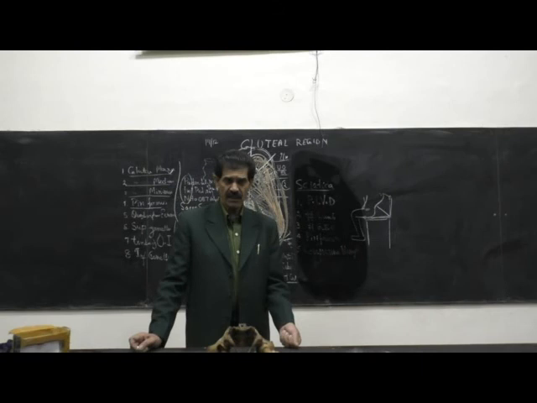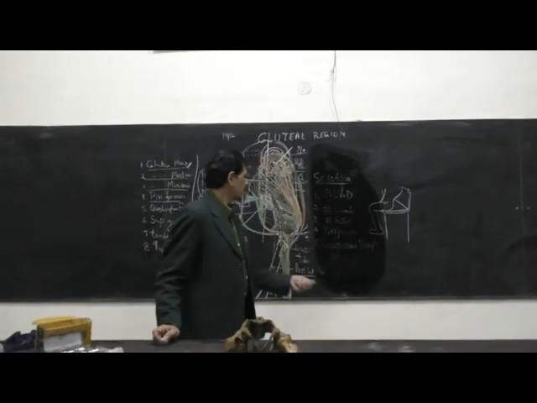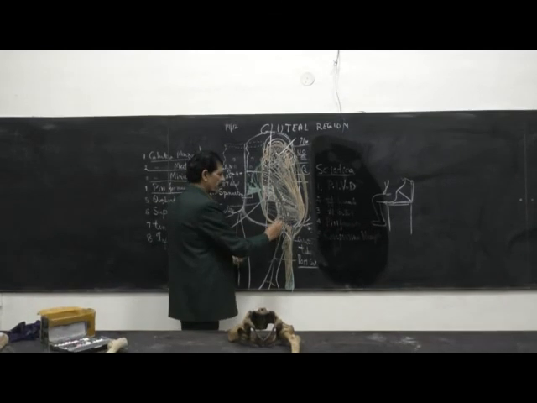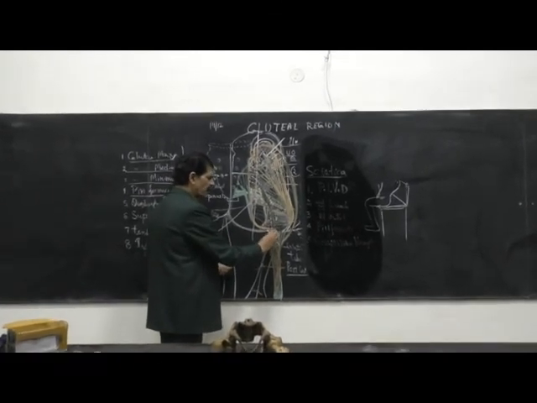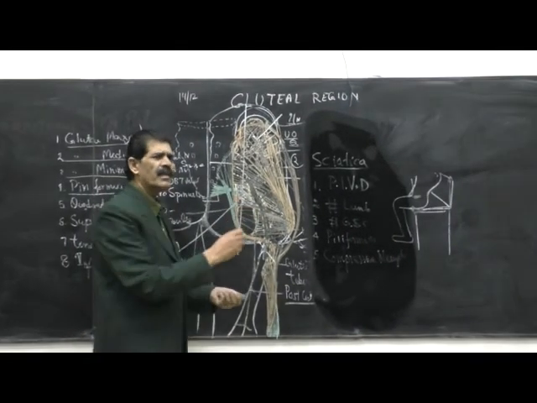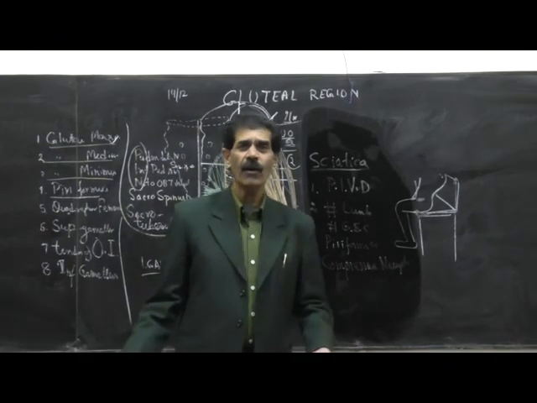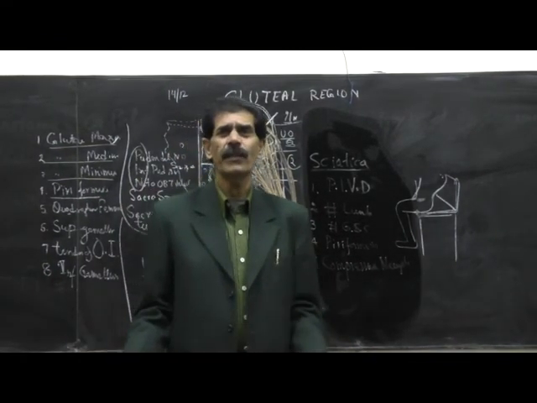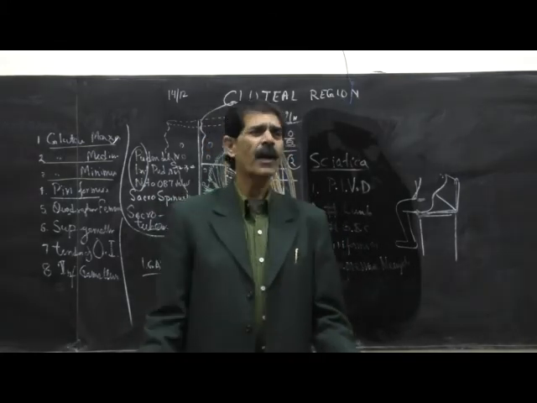undergo paralysis or weakness. Plus, the posterior cutaneous nerve of the thigh, which lies either posterior to the sciatic nerve or medial to it, is also pressed along with it, and the patient feels paresthesia or loss of sensation of pain, temperature, pressure and touch over the posterior part of the thigh.